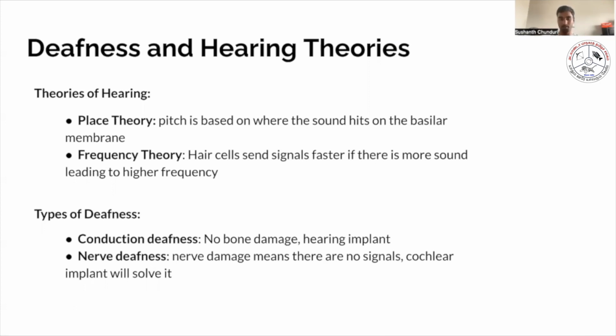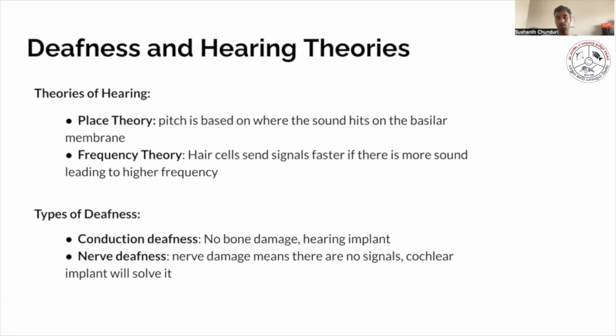There are really two types of deafness that you need to know: conduction deafness and nerve deafness. Conduction deafness is when there's no nerve damage, but the physical structure inside your ears, like the hammer, anvil, and stirrup, is struggling to send these signals, which essentially means you've been to too many loud concerts and your whole ear has taken a bit of a beating.